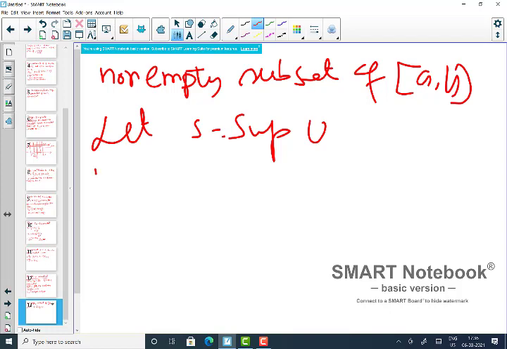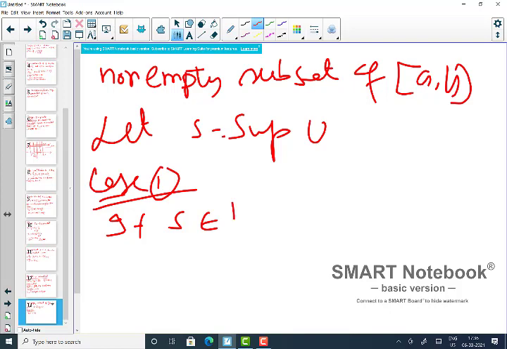So there are two cases now. Let me write down case 1, case 2. So if S is inside V, that I don't know, I'm assuming, then S is an interior point of V, because V is an open set, right?